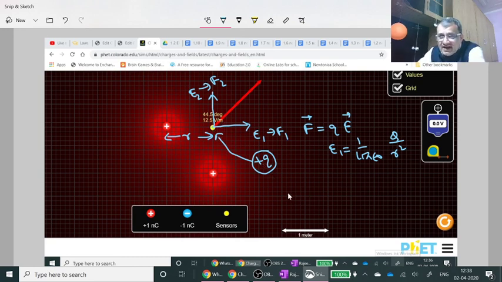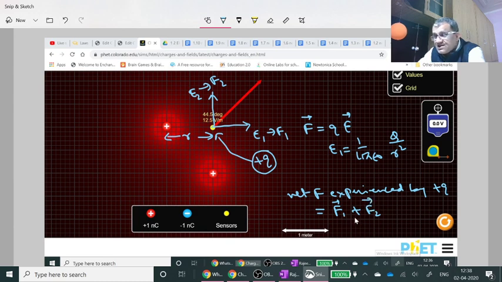And so the net force experienced by plus Q is the resultant of F1 and F2. And this means the vector resultant. Force is a vector quantity and the net force experienced by this charge will be the vector resultant of F1 and F2.